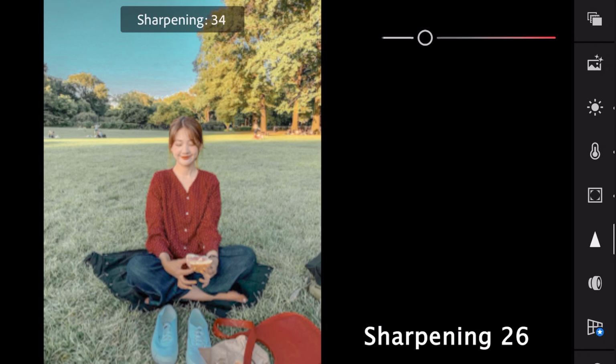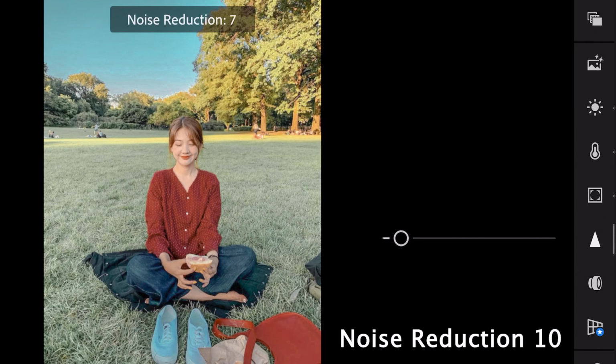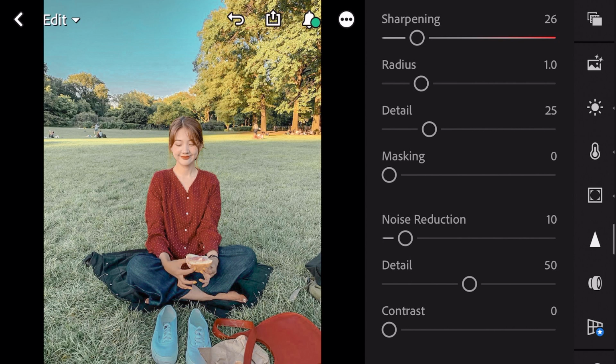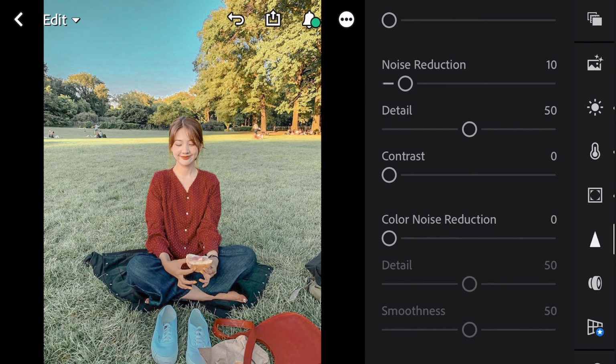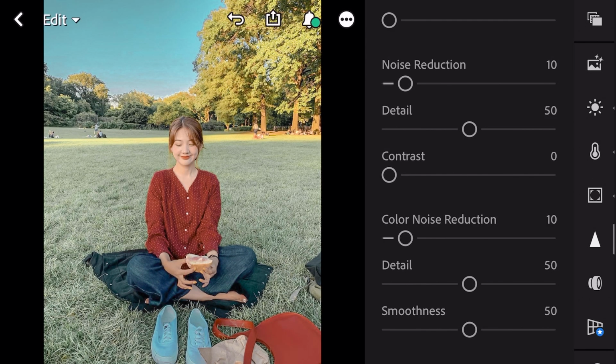Sharpening to 26. Noise reduction to 10. Color noise reduction to 10. And finish.